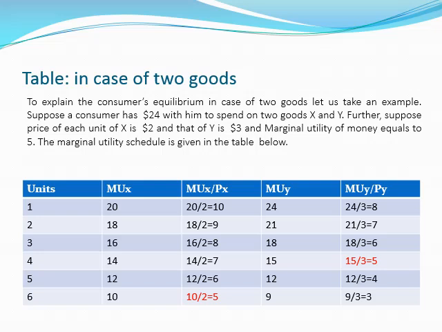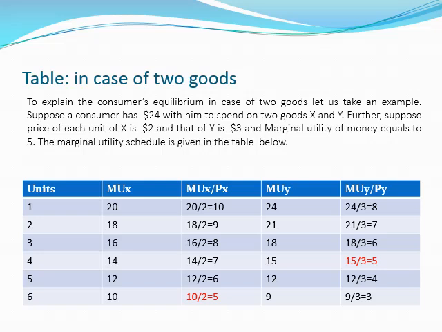But the constraint is that not only must MUX over PX equal MUY over PY, it is also restricted by being equal to the marginal utility of money. Given that the marginal utility of money equals 5, the optimal solution is to consume 6 units of X and 4 of Y.